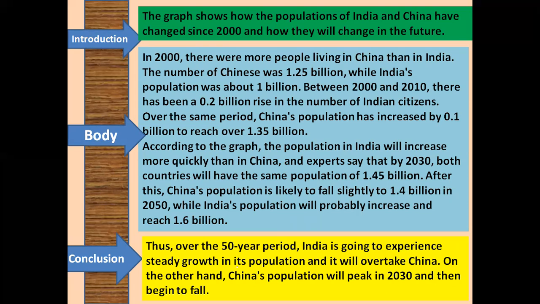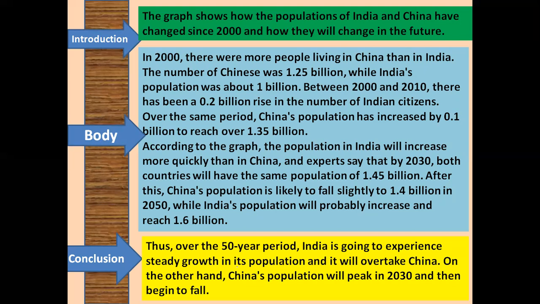You can find out what the situation is, what the scenario is here. There has been a 0.2 billion rise in the number of Indian citizens if we compare it with the Chinese. Over the same period, 2000 to 2010, China's population has increased by 0.1 billion to reach over 1.35 billion.